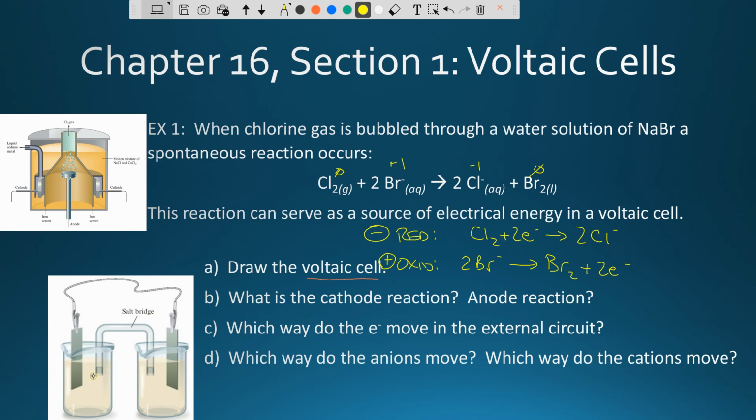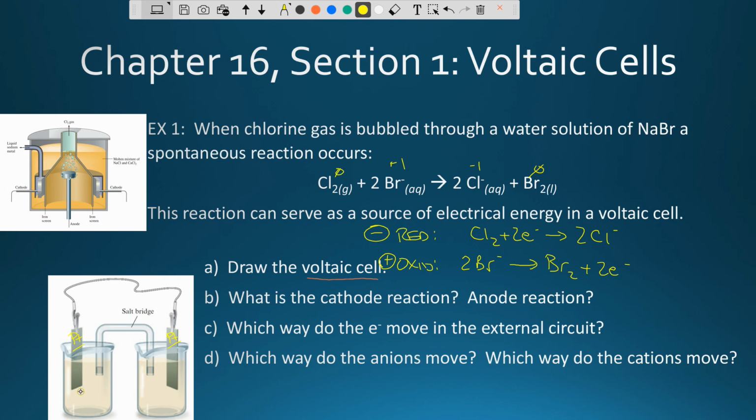If I have something that's not going to be reacting, I have just the bromine itself down here and my chloride in here. I've got to go with a metal that's not going to be involved in the reaction. I'm just going to be bubbling these things up. So we tend to use a metal that's not going to react or be a part of it. And that metal, a lot of times, is going to be something like platinum, very non-reactive.